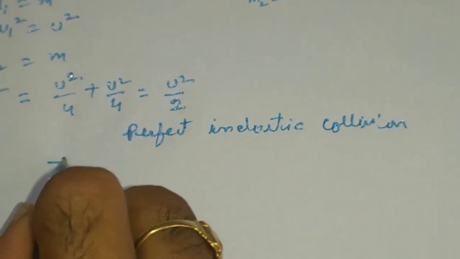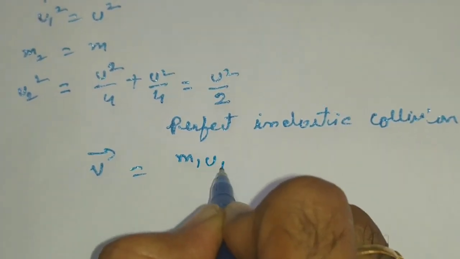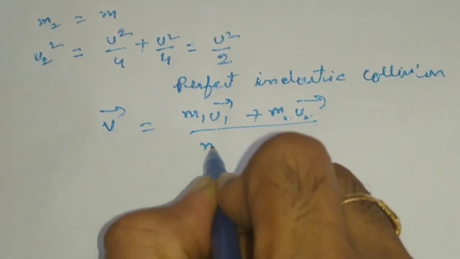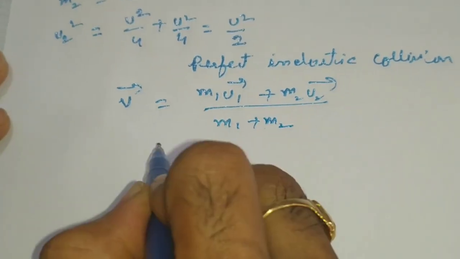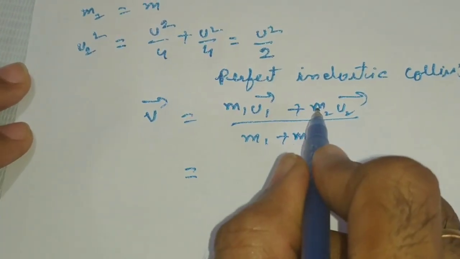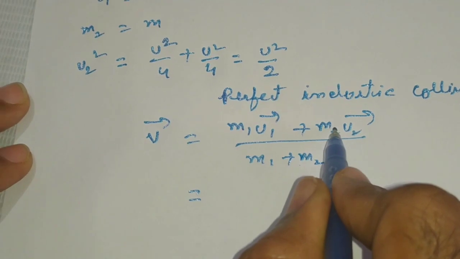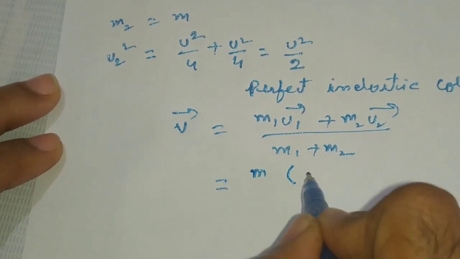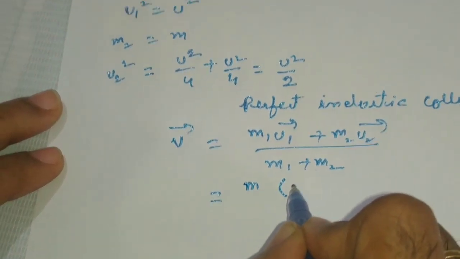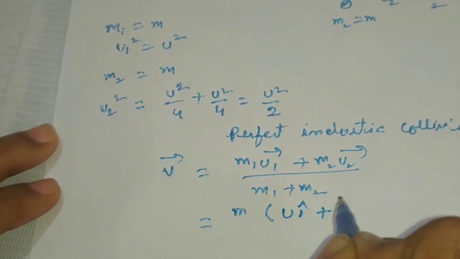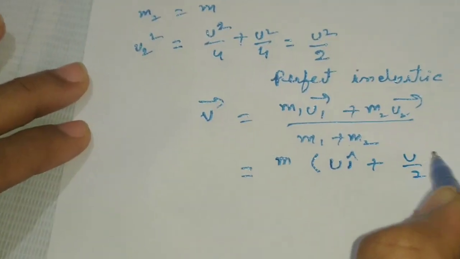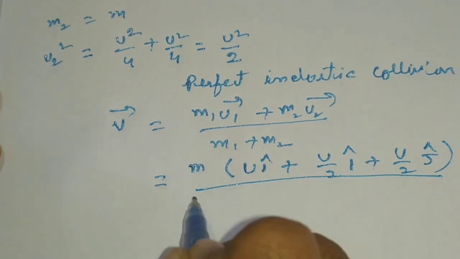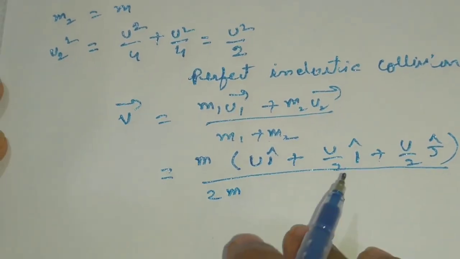they move together with a common velocity. Formula for common velocity v bar is equal to m1 u1 bar plus m2 u2 bar by m1 plus m2. Masses are equal, so m1 m2 is equal to m gets common, so m into u1 bar is u i cap plus u2 bar u by 2 i cap plus u by 2 j cap divided by m1 plus m2 is 2m, m gets cancelled.